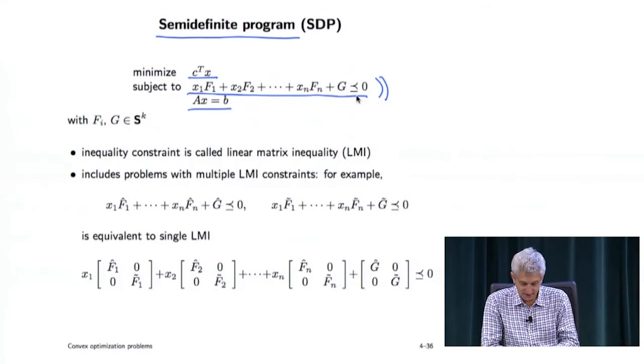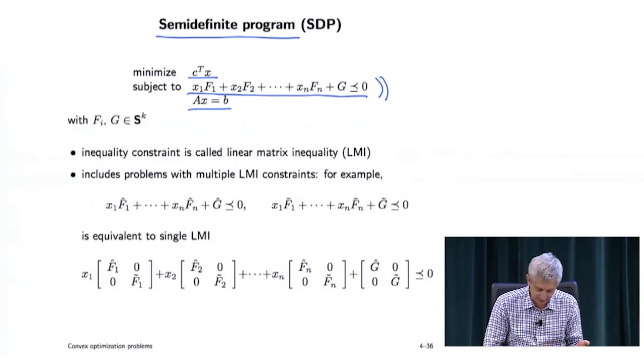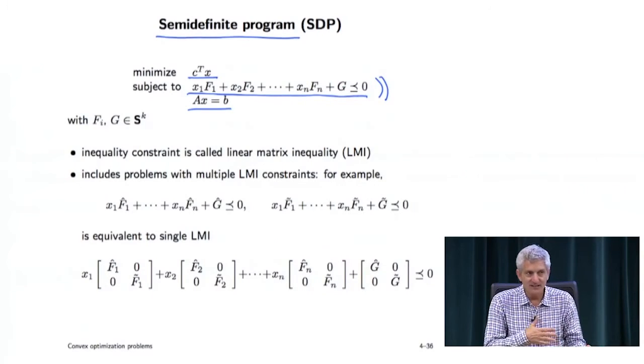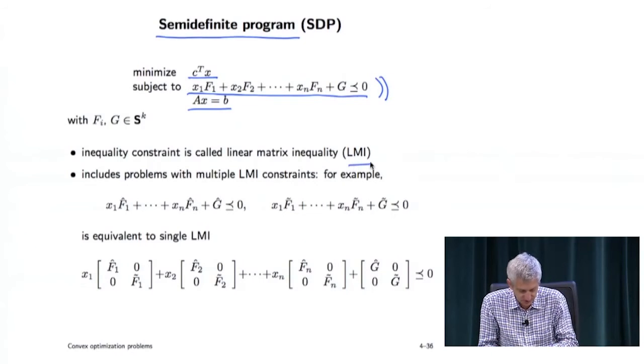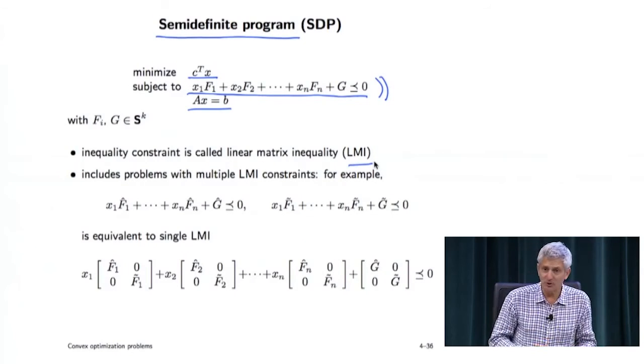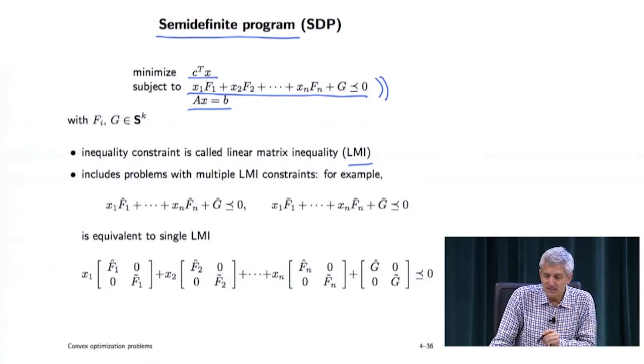And I take the inequality on R and I make it an inequality on symmetric matrices. And I get a so-called linear matrix inequality. So that's it. So minimize a linear function subject to equality constraints and a single LMI. That's what these are called. That's a semi-definite program. Okay? And that's an example of a convex optimization problem with a vector inequality constraint.